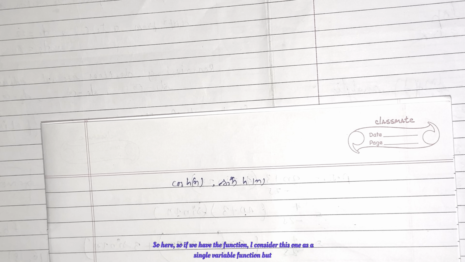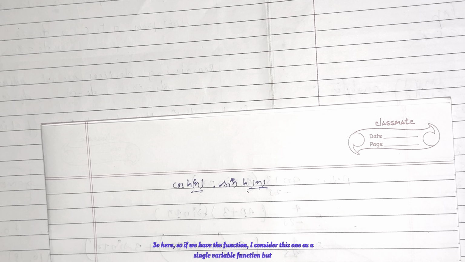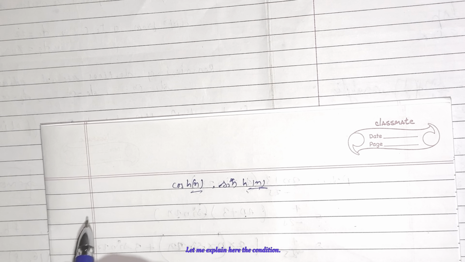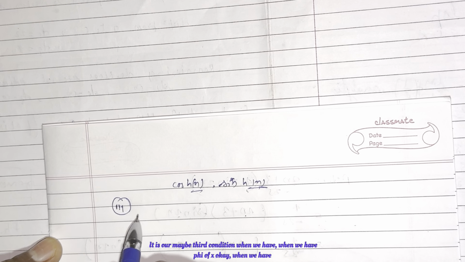So if we have the function, let me consider this as a single variable function, maybe like ax plus b, or x square plus bx plus c. In such a case, if we have a hyperbolic function, let me explain the condition here. It is maybe our third condition.